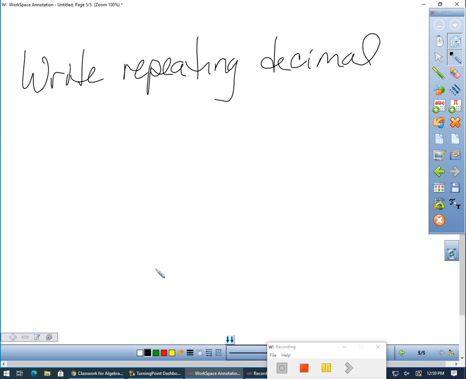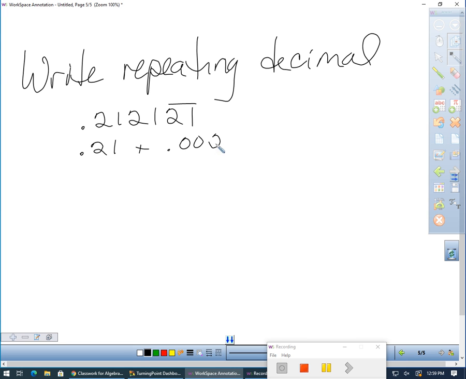So for example, if I have 0.212121 and it repeats forever, it is really saying that I have 0.21 plus 0.0021 plus 0.000021 and so on.